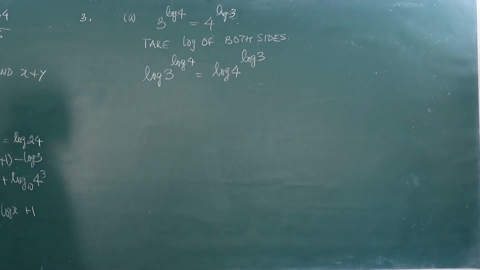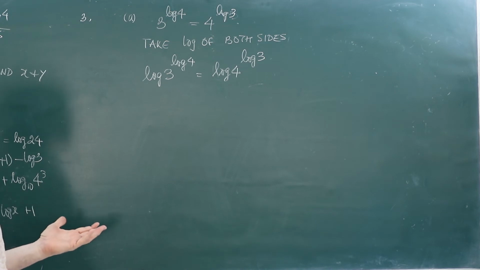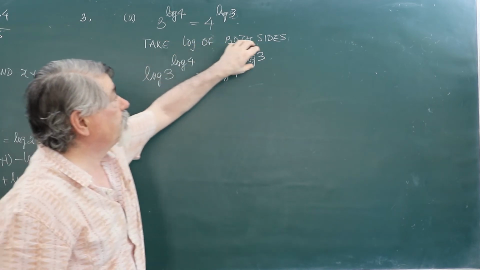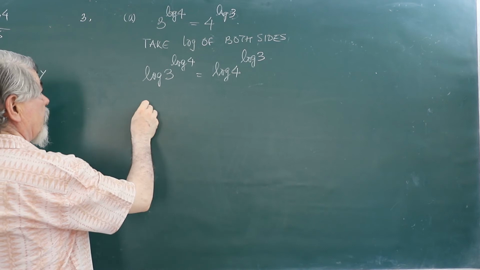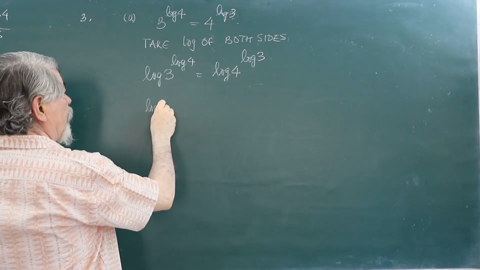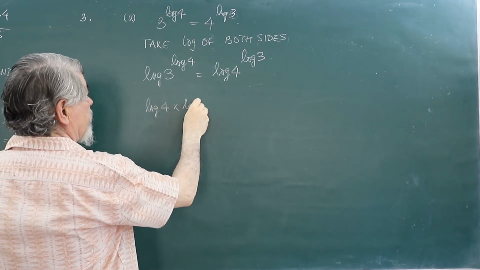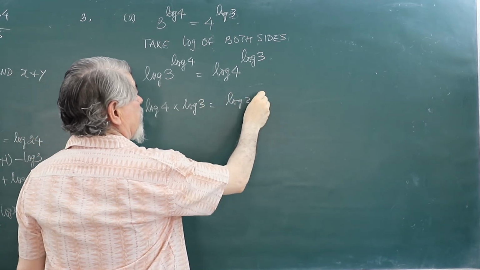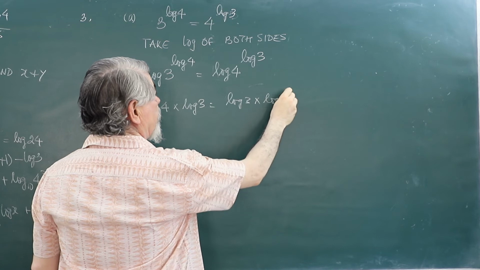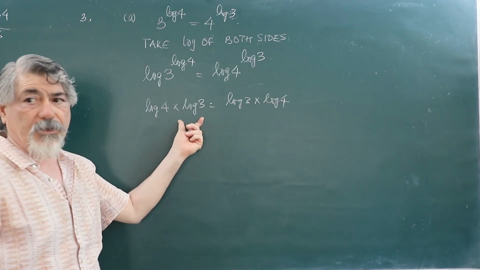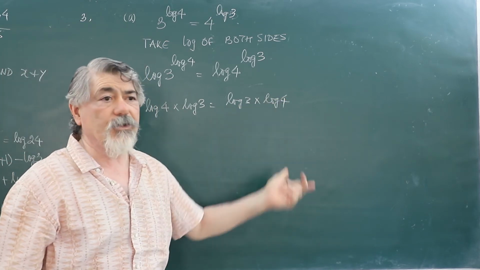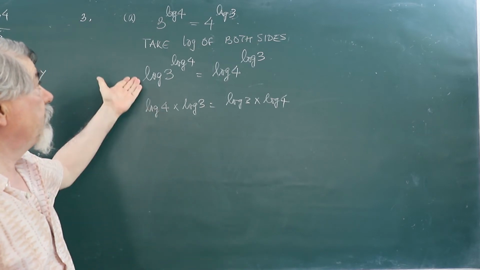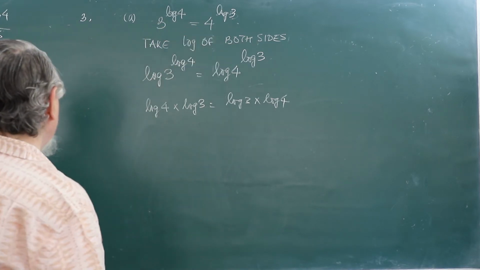Now what we simply do is, the power comes as the multiple. So it will become log 4 into log 3, and it will be log 3 into log 4. Both are equal. Whether it is log 4 into log 3, whether it is log 3 into log 4, both are equal. That is what we had to prove.